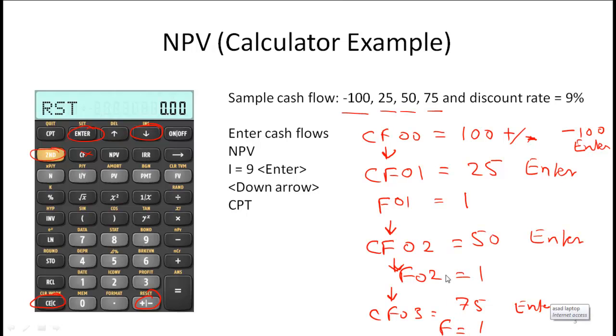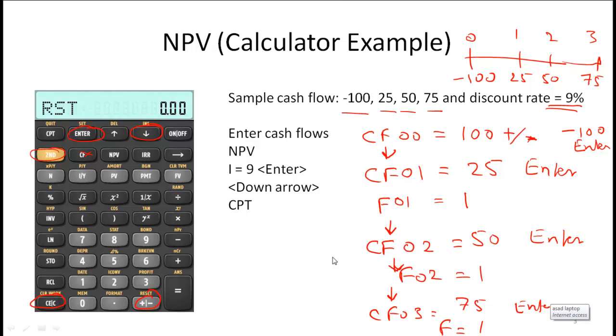So what you have now done is you have given this data to the calculator. You said at time 0 the cash flow is minus 100, and then for times 1, 2 and 3 you have given the calculator this data. What you haven't told the calculator yet is the discount rate of 9%.